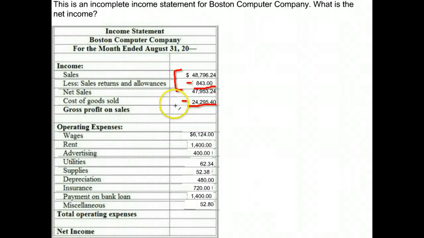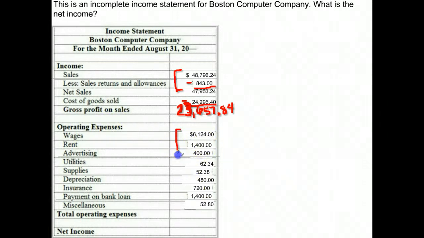Okay, that gives me a gross profit of $23,657.84. Okay, the next thing we have are operating expenses.